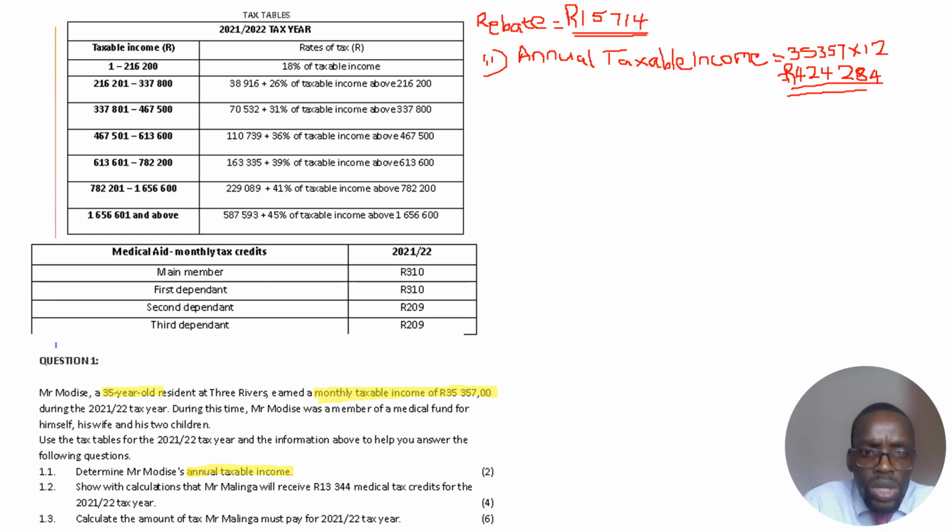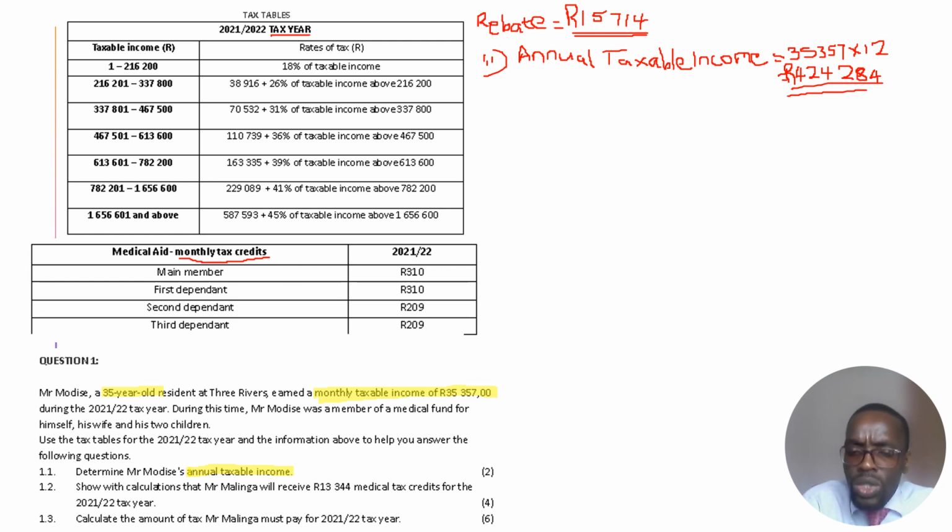Now you need to recall that this tax table is for the whole year. It's a yearly tax table. But if you look at your medical credits, they are monthly. These are monthly medical credits and these are yearly tax tables.